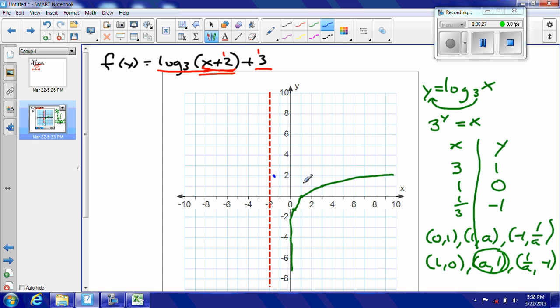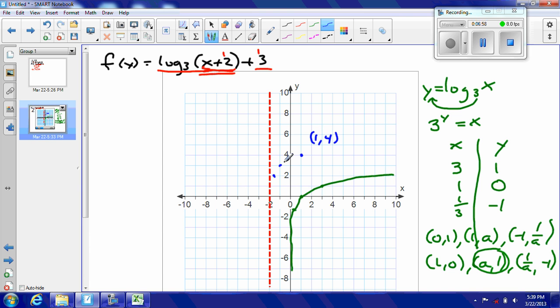I'm going to move this point here, which was (1, 0), left 2, up 3, right there. And I'm going to move this point here, which was (3, 1), left 2, up 3. So this is now (1, 4).